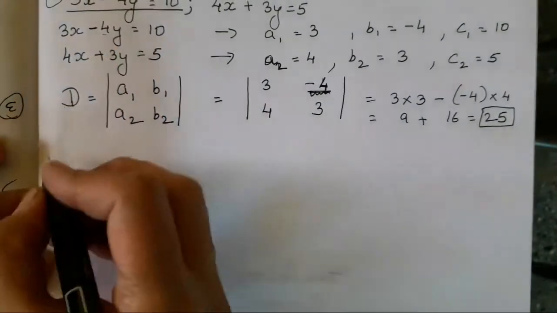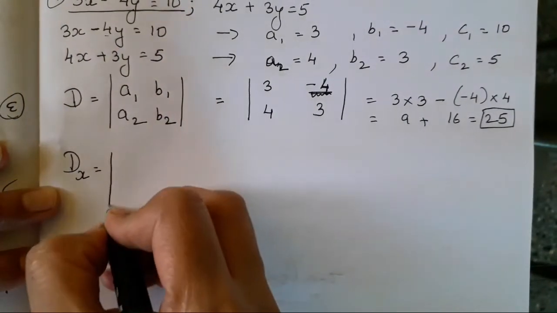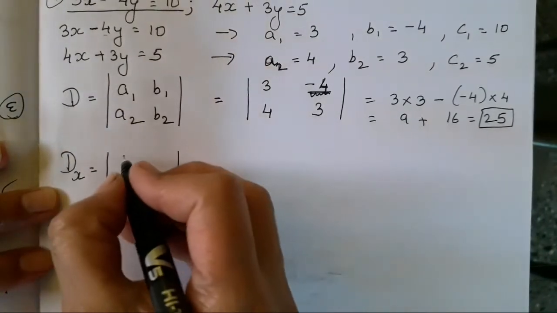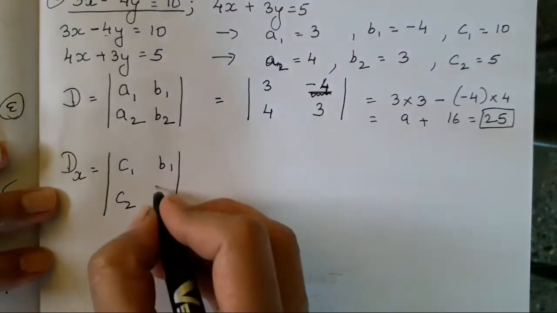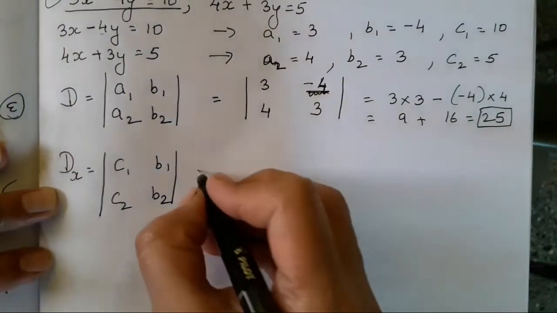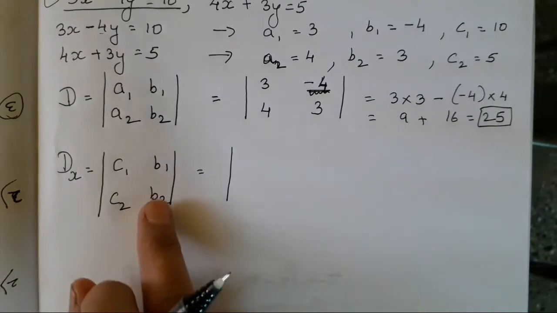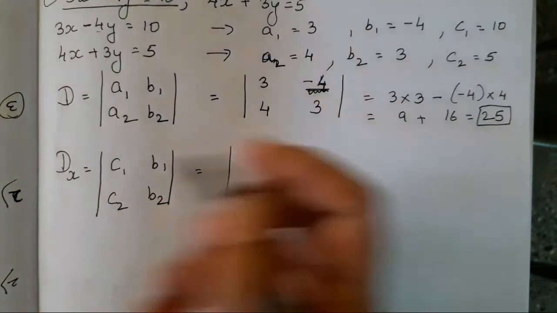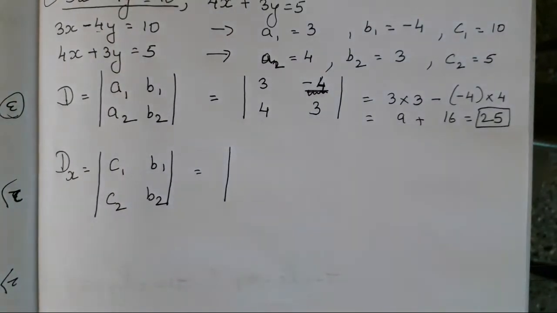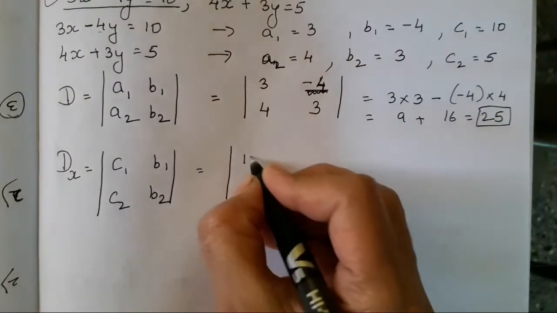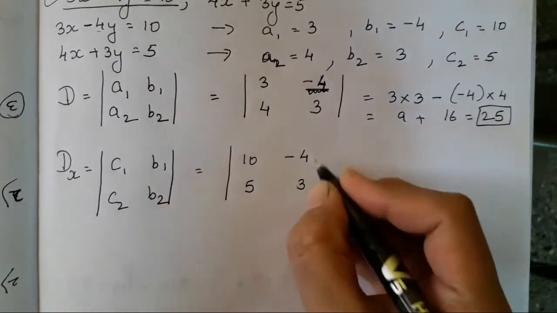Got it? Now dx you all have to take, in which C1, B1, C2, B2. Okay, so this is the formula, you all have to learn it. When dx, it means you all have to take these variables. Okay, so for this, 10, minus 4, 5 and 3.